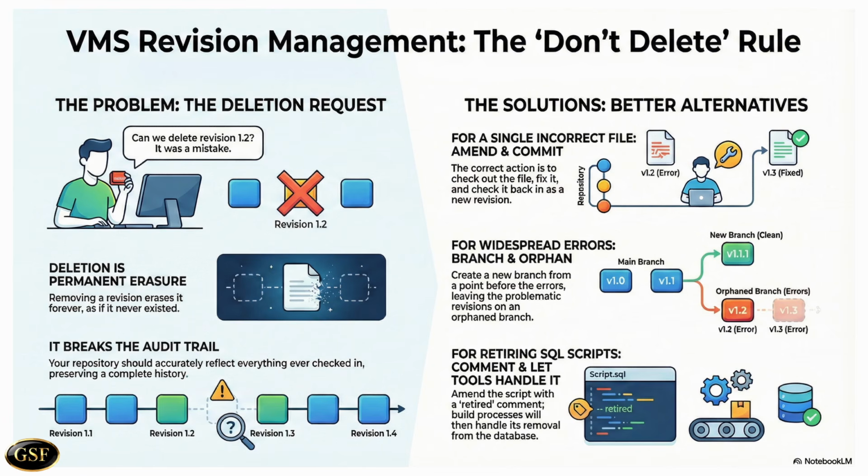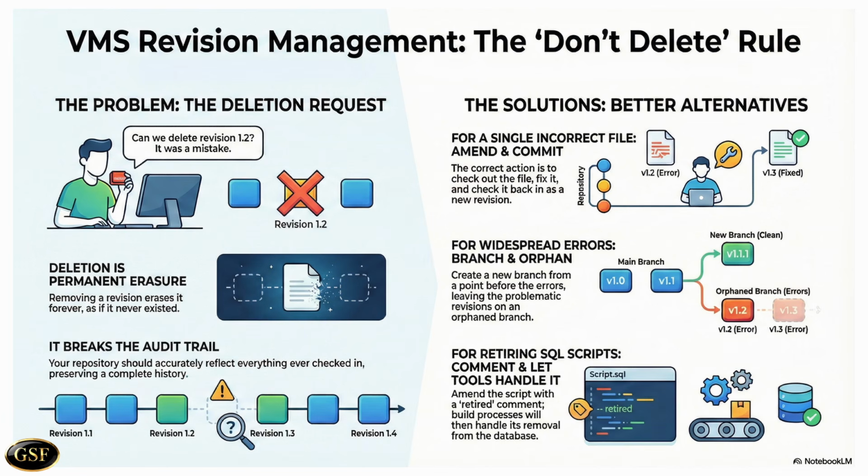The response should be, if revision 1.2 is wrong, then check it out, amend it, and check it back in as a new revision. Your repository is an audit trail and should accurately reflect everything that has ever been checked in. Disassociating a file from a build can also be an option.